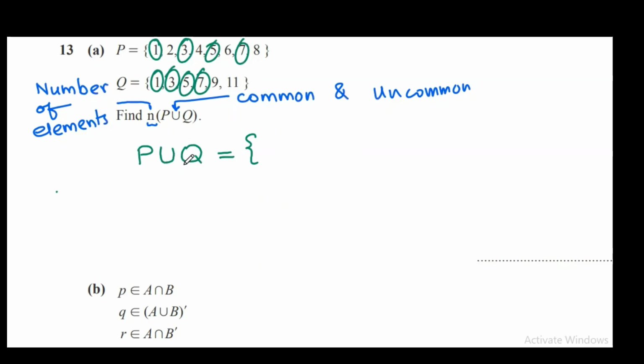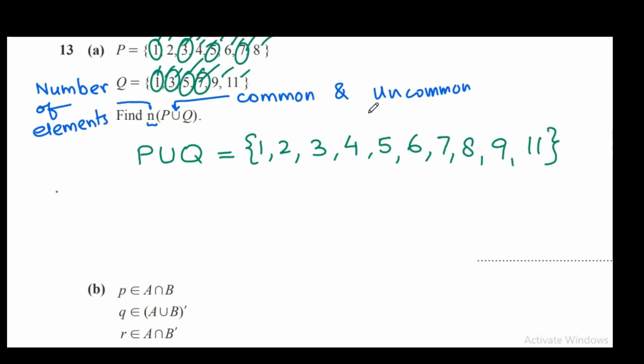So the P union Q is the set which has all the common and uncommon elements of set P and Q. So write down common and uncommon. 1 is common. 2 uncommon here. 3 common element. 4 is uncommon. 5 common element also. 6 is uncommon. 7 common element. 8 uncommon. 9 and 11 are also uncommon elements.